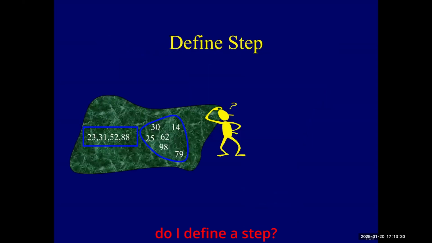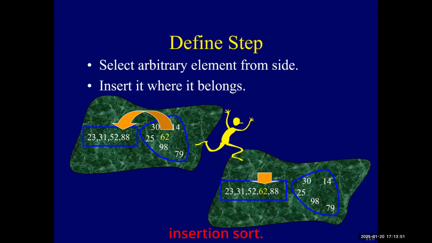All right, so how do I define a step? I'm here. I need to make progress. So I have to take a number out of the right, right? And what do I do with it? Exactly. It's called insertion sort.